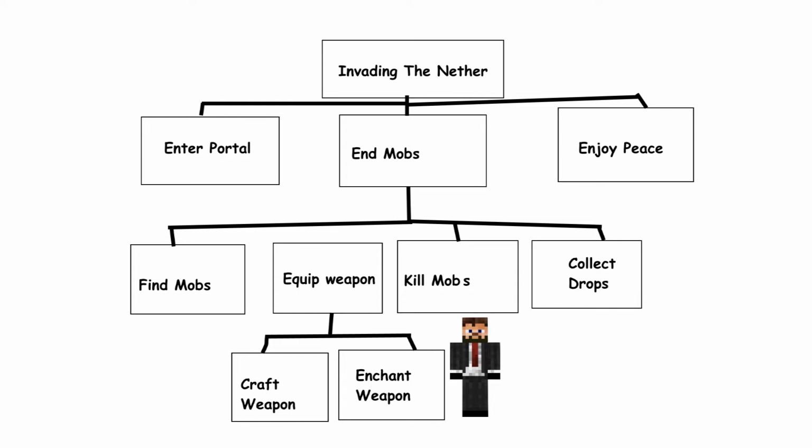Equipping the weapon can be subdivided again into crafting the weapon and enchanting the weapon. So the actual procedure of going through this: entering the portal, finding the mobs, crafting the weapon, enchanting the weapon, killing the mobs, collecting the drops, then enjoying the peace.